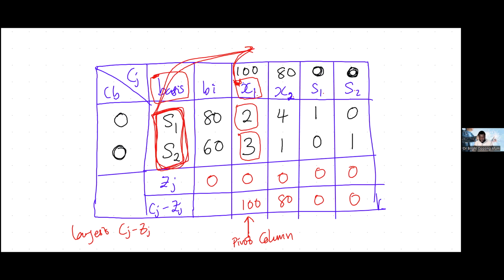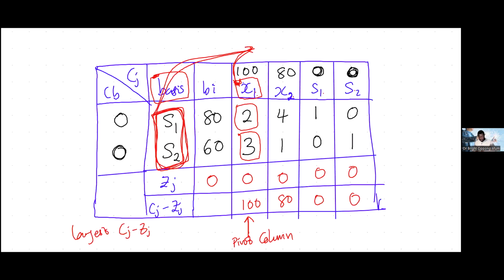So we do a small computation here. This pivot column is just indicating that x1 must enter into the solution. However, which one, S1 or S2, is going out? We call that the pivot row. Which one should be the pivot row?